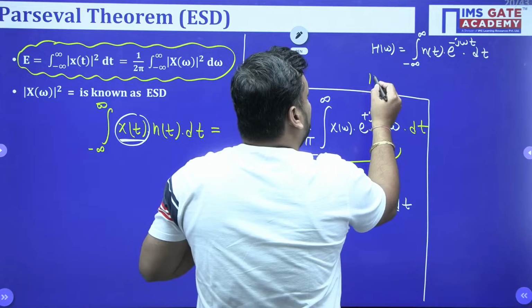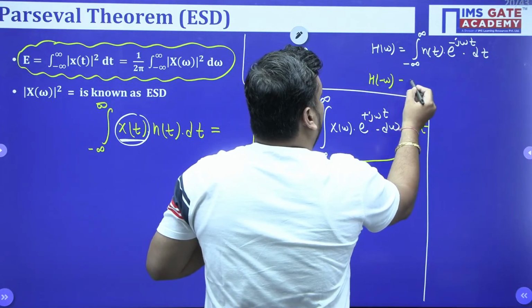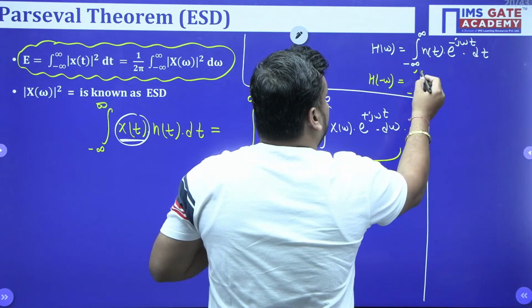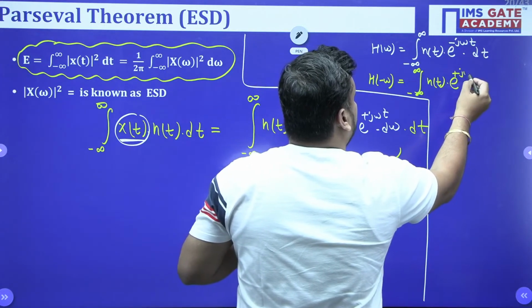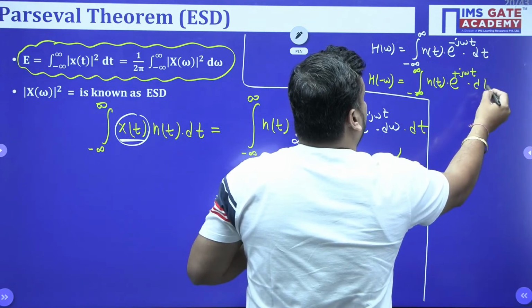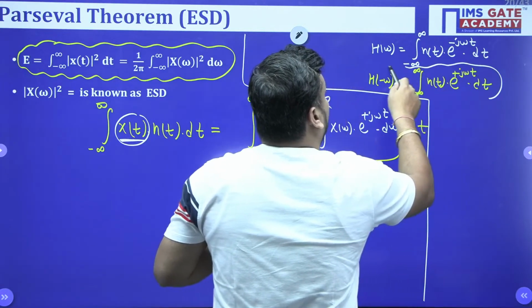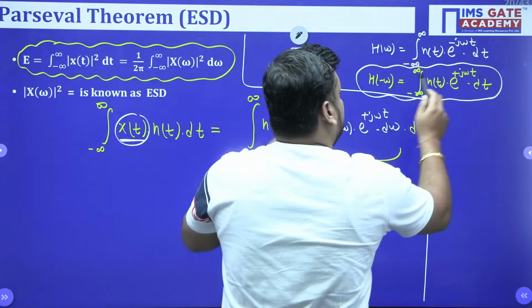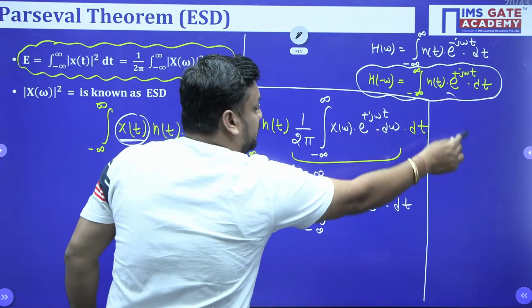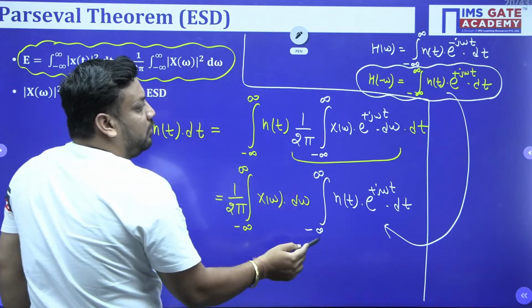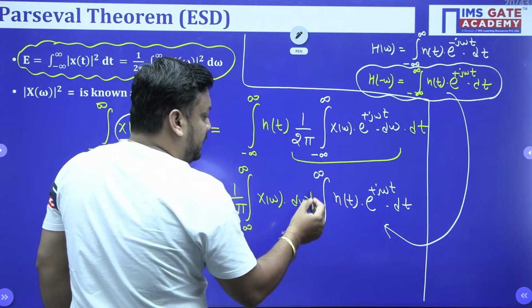If I replace ω with minus ω, then what is H(-ω)? It is nothing but the integral from minus infinity to infinity of h(t) e^(+jωt) dt, because all the limits are in the t domain, so the limits will not change. So this expression, the integral of h(t) e^(jωt), is H(-ω).